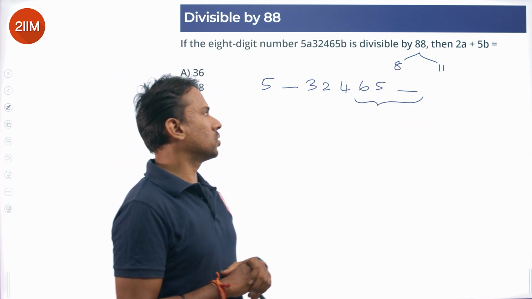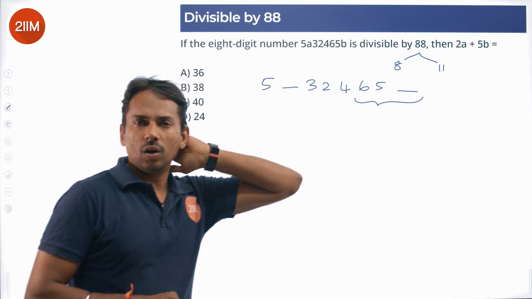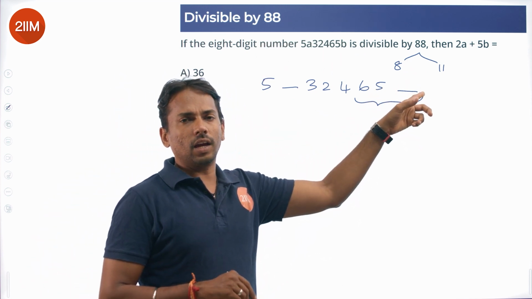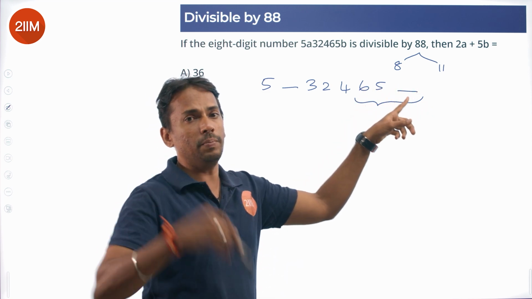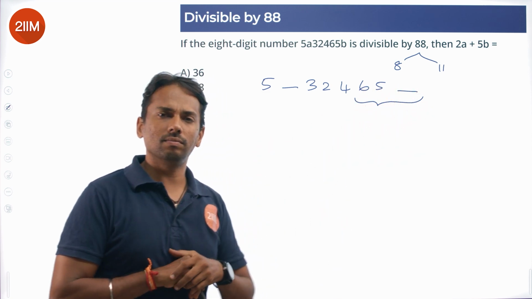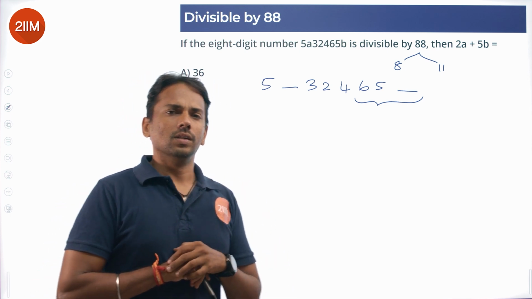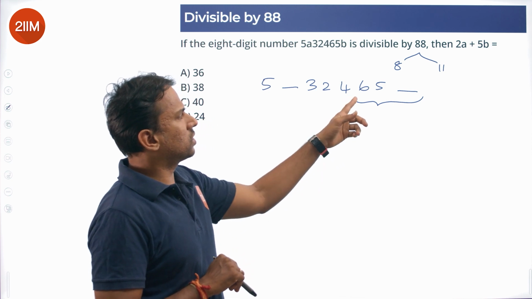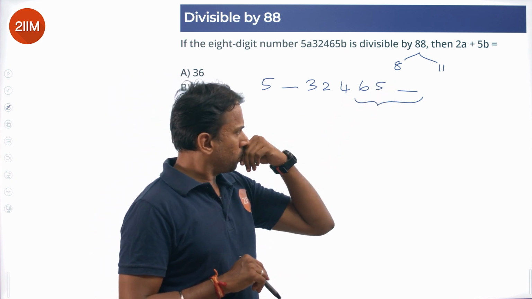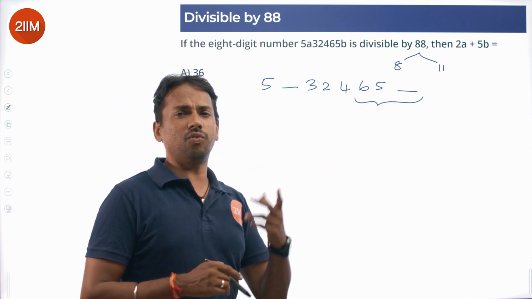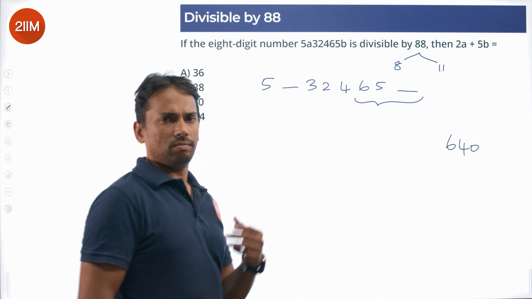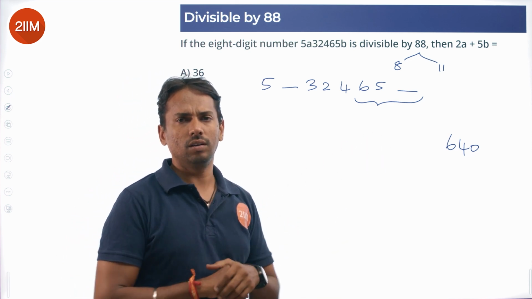Yes, so 650B. What could that B be? Or what number, if we put in that place, will make 650B divisible by 8? Think of the nearest number we know. This is 650B, so we can consider up to 640. 640 we know quickly is divisible by 8. 80 into 8 is 640.